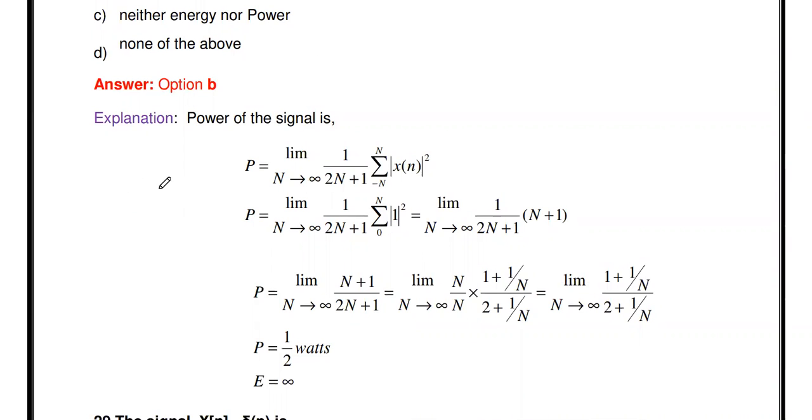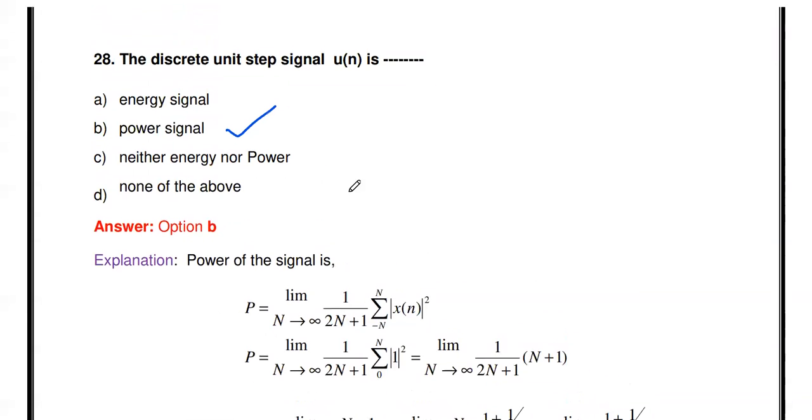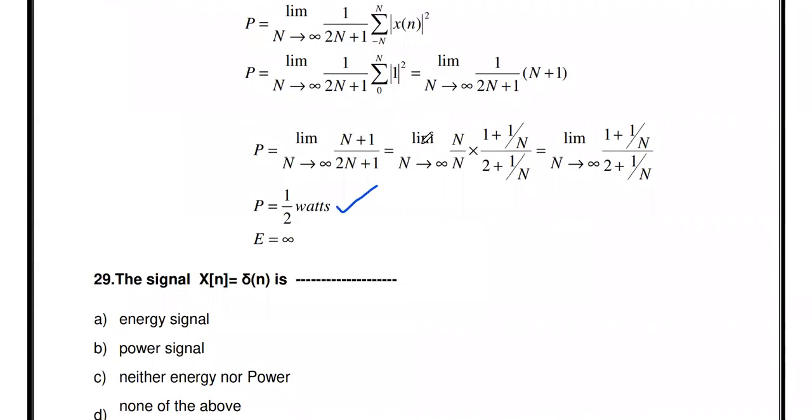If the energy value is finite, it's an energy signal. If you want to learn more, I will give a link in the description box, and you can also refer to iCode. Using this power formula, if you calculate the power, P equals 1 by 2 watts, which is finite. So the discrete unit step signal is a power signal.